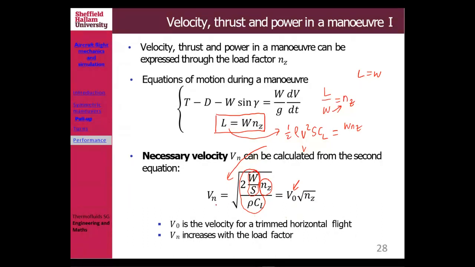That means that if you want to make a turn without losing any lift, you need to increase your speed by a factor of the square root of Nz. Initially you have a speed V0 in steady level flight, and then when you make a turn, your speed has to be increased by a factor of the square root of Nz in order to keep your aircraft at a steady level altitude.